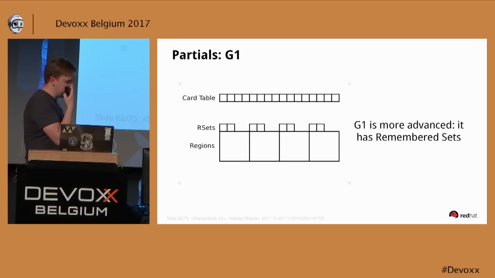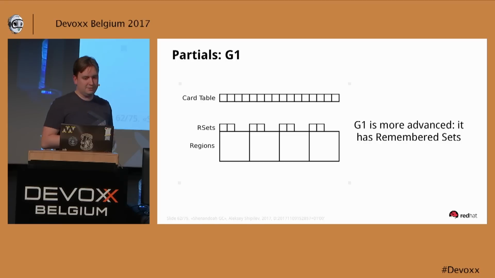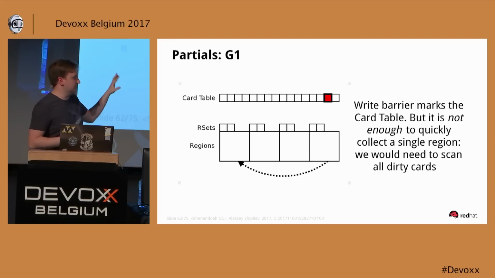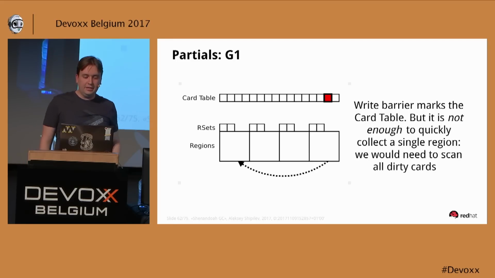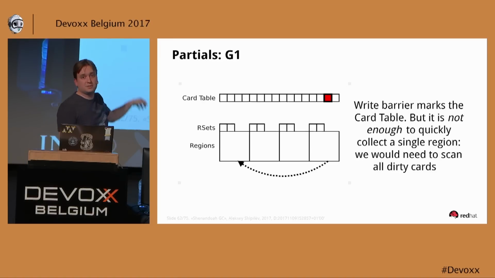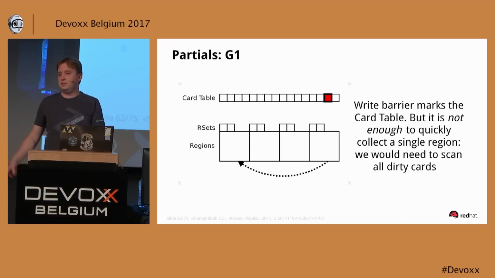G1 does it a little bit differently. It has remembered sets. Well, the card table is technically part of the remembered sets. If you do the same trick as in Parallel, you have the card table and flip the dirty card there, and when you collect something, you have to track which parts of the heap are dirty. It doesn't say anything about that particular region specifically. It says that some area of the heap is dirty.